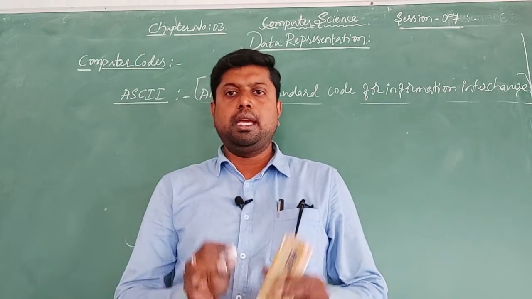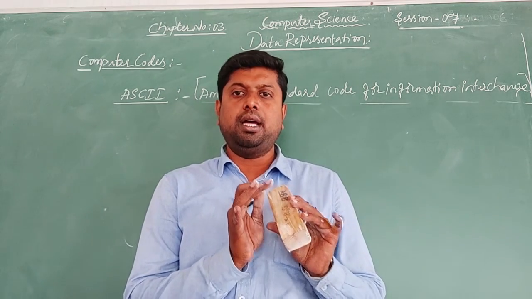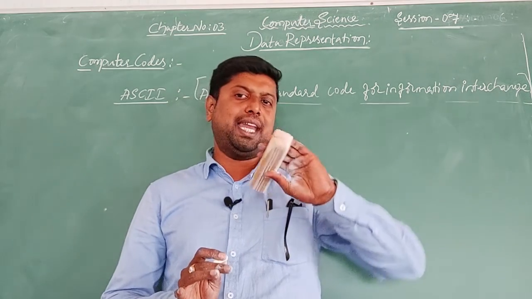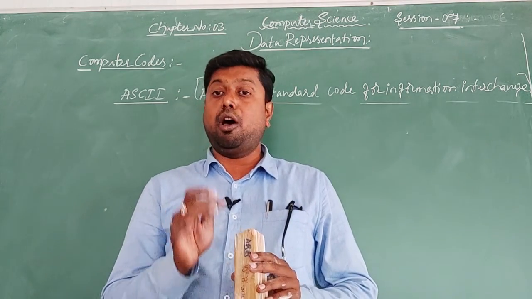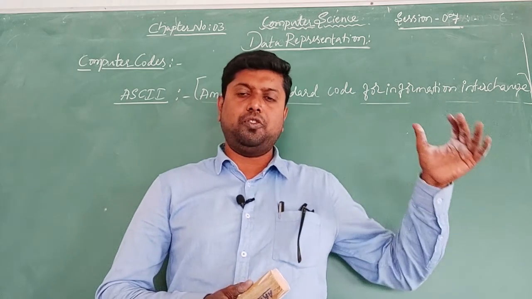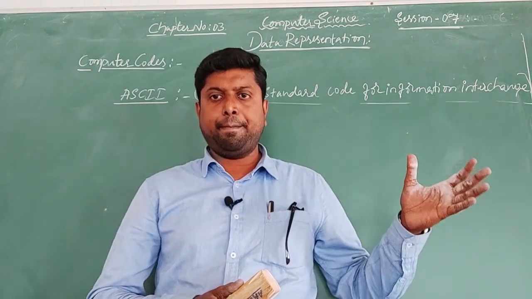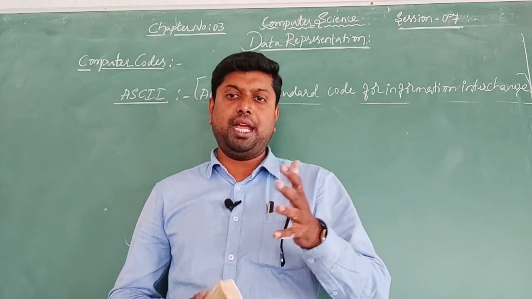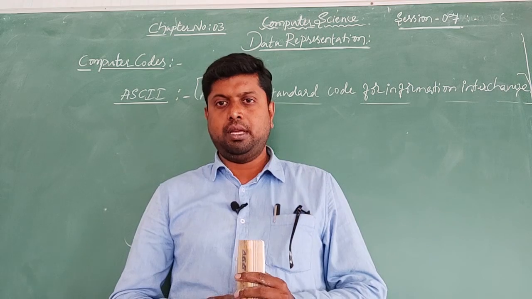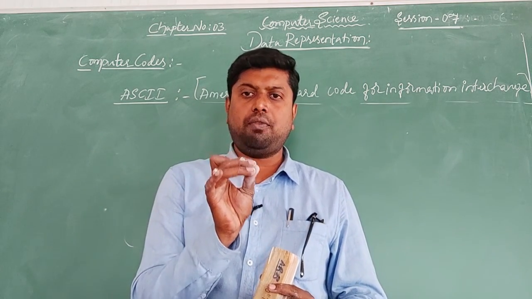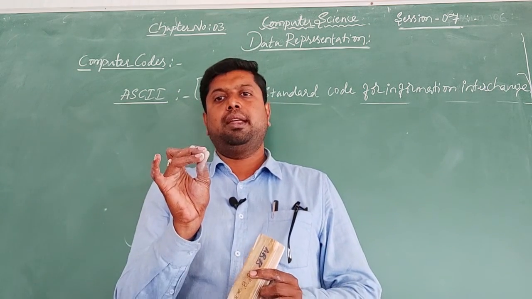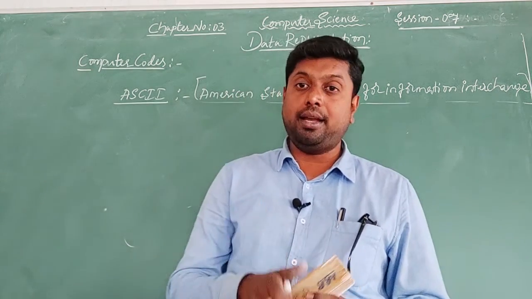See, dear students, in the ASCII codes of the computer codes, usually up to one extent we are using normal characters, like how we are using in hexadecimal numbers. For 10 we are using character A, like that for 15 we are using F. After that we are using some codes. These codes were first of all introduced in American keyboards, American Standard.